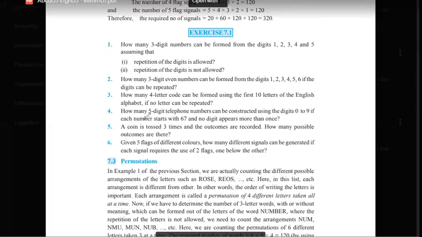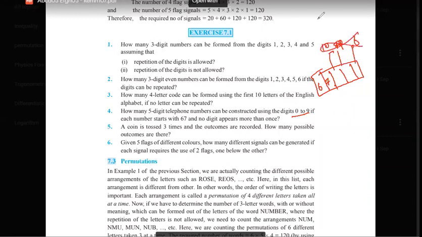Now fourth one, how many 5-digit telephone numbers can be constructed from digits 0 to 9 if each number starts with 67 and no digit appears more than once? Means repetition is not allowed. So the first 2 digits are fixed, 67, right? Last digits, how many options? 10 options, no, 9 options, and this 8 options.